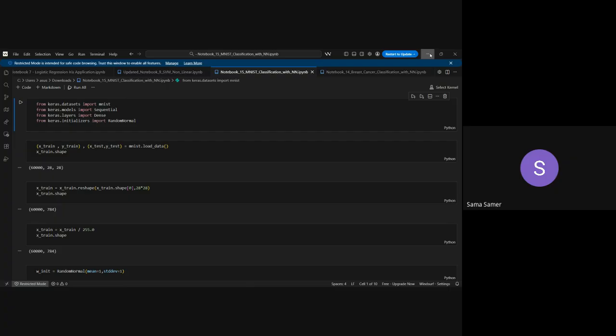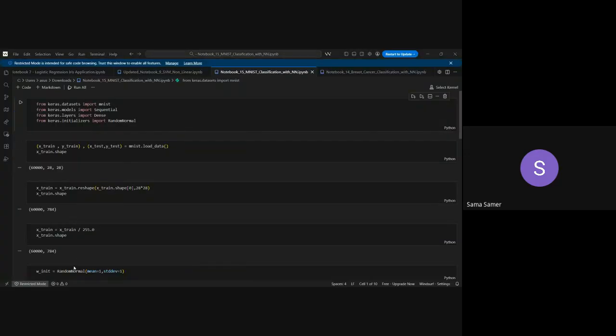And it has many versions, actually. You can go and search about it, and you will find many versions of it. Here I have loaded the MNIST dataset from Keras. After loading it, we used a model that is called Sequential. We have used Dense because we have hidden layers, and we have RandomNormal.